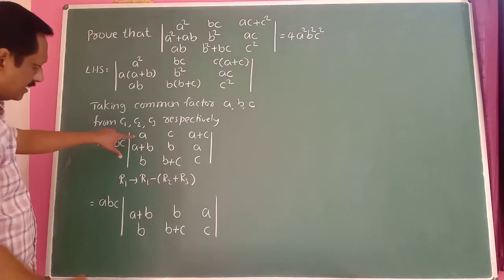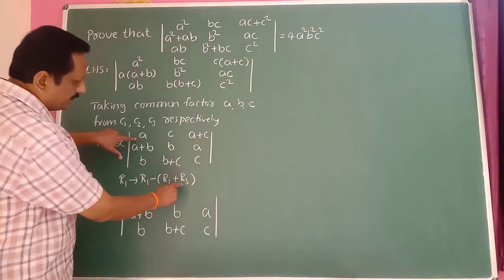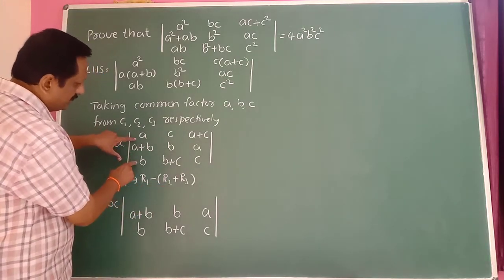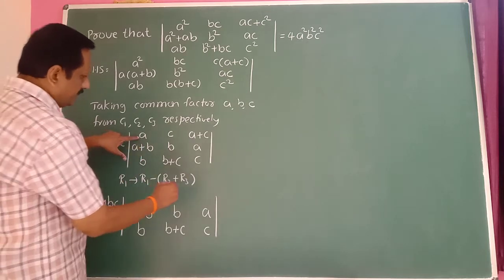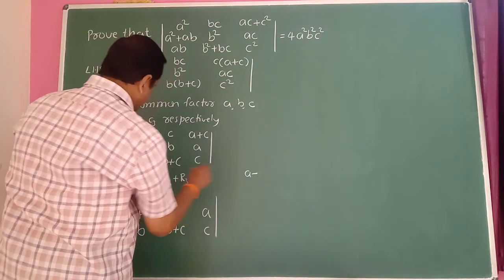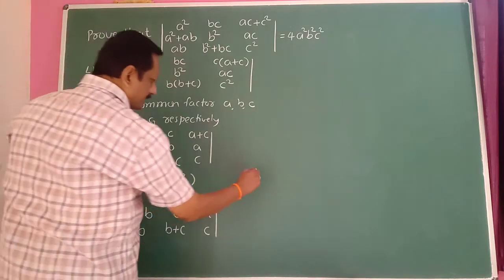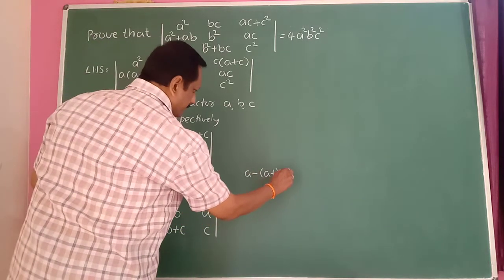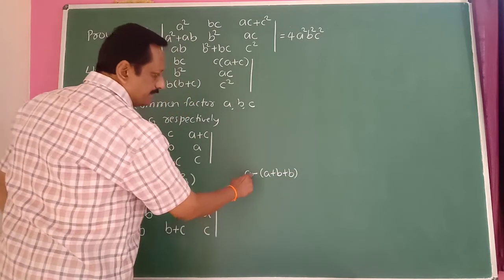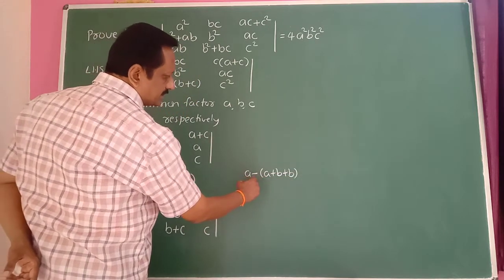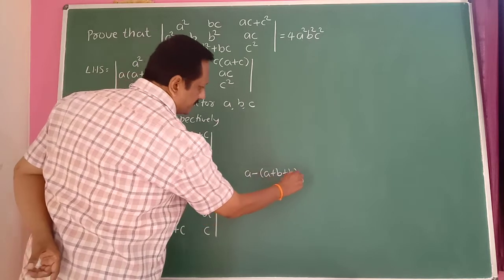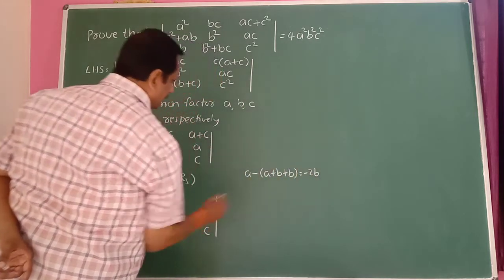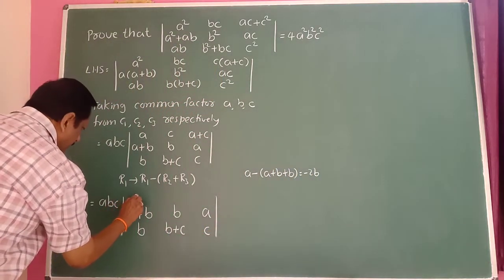R1 is minus the sum of R2 and R3, so adding these two and subtracting: a plus a minus the sum of this, a plus b. Take a minus inside: a and a cancel, minus b becomes minus 2b. So it becomes minus 2b.